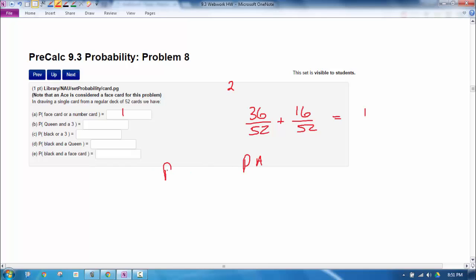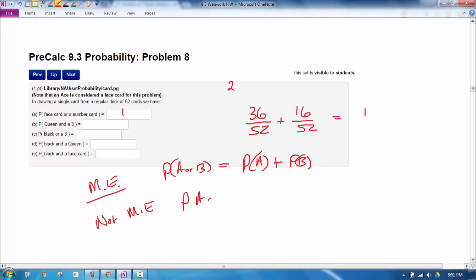So the probability of A or B, when it's mutually exclusive, is the probability of A plus the probability of B. So mutually exclusive, you might want to write this down. And then if the events are not mutually exclusive, the probability of A or B is going to be the probability of event A plus the probability of event B minus the overlap.